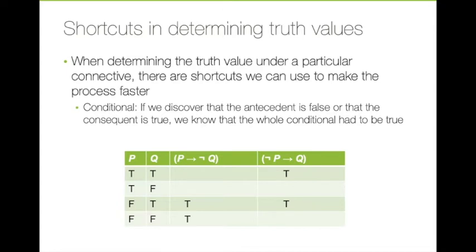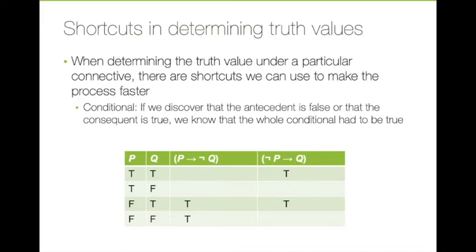So if the antecedent is false, the conditional is true. We also know that if the consequent is true, the whole conditional is true. This one's a little bit trickier to remember, but as you become familiar with the characteristic truth table, you might look back on it and see that this makes some sense.